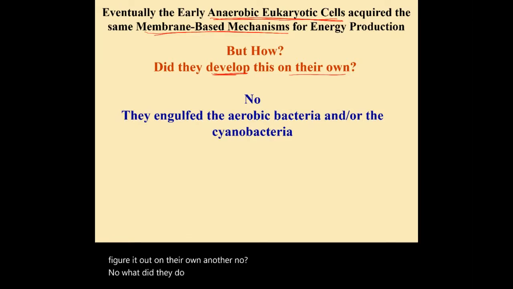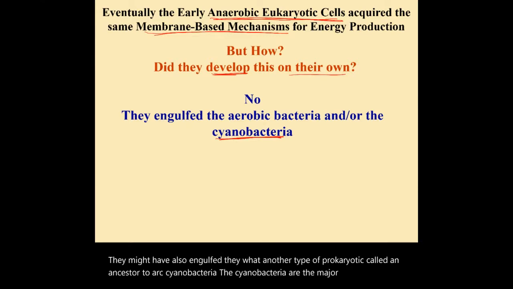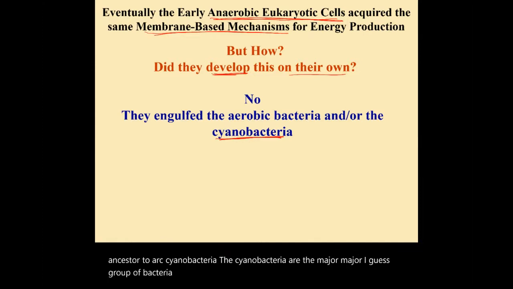What did they do? They engulfed the aerobic bacteria that figured out how to do oxidative phosphorylation, or they might have also engulfed another type of prokaryote called an ancestor to our cyanobacteria. The cyanobacteria are the major group of bacteria that do photosynthesis, right?